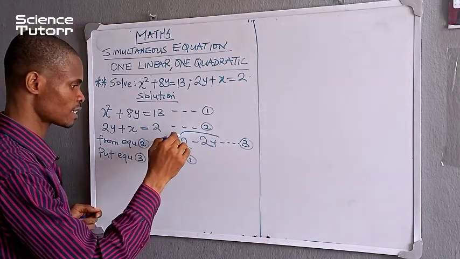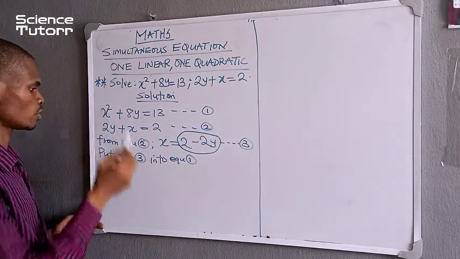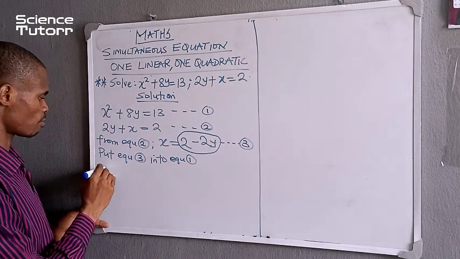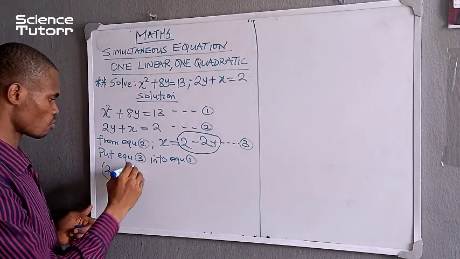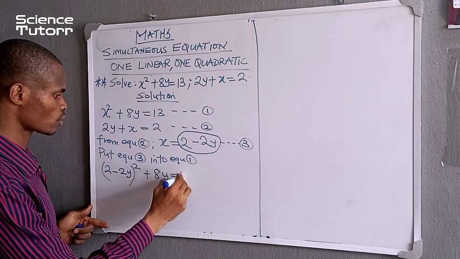So wherever I see x, I'm going to replace it with 2 minus 2y in equation 1. So I'm going to have it like this: in place of x, I'm putting (2 minus 2y) all squared, plus 8y equals 13.